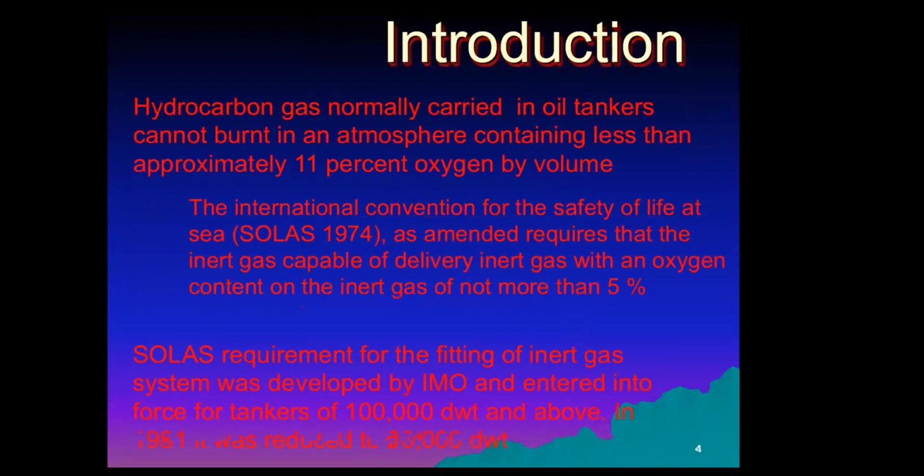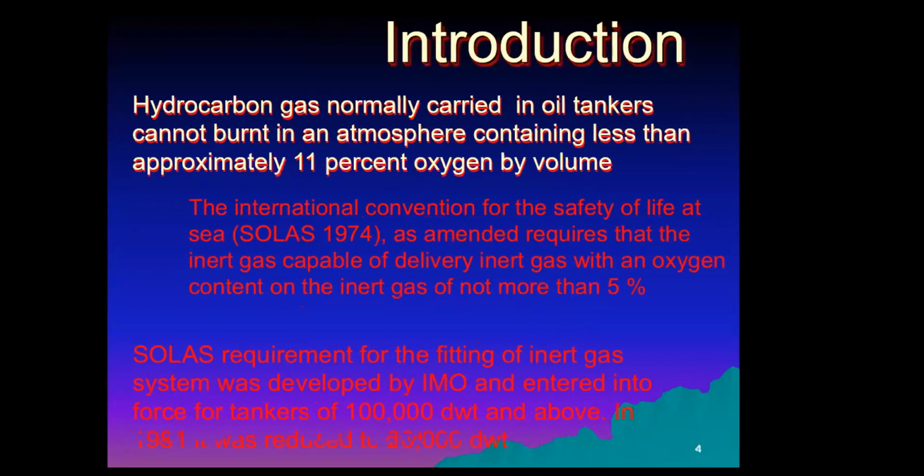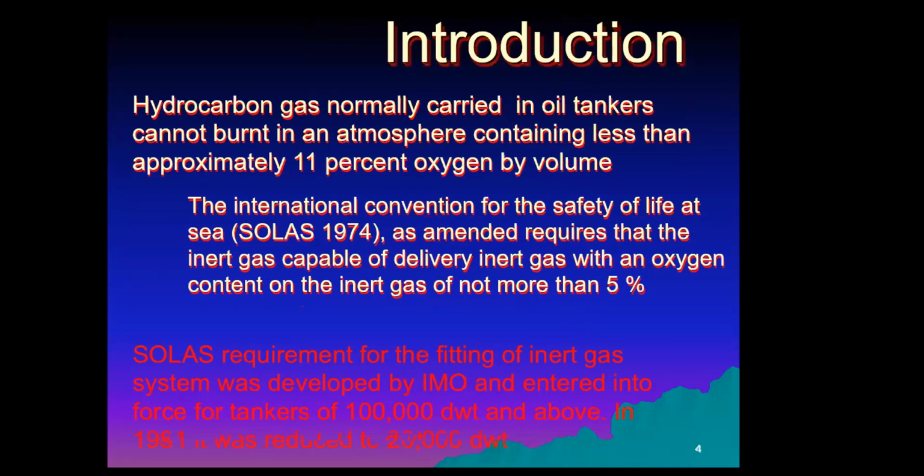Let's go to the next page. Now, normally, as you are aware, hydrocarbon gases are transported in oil tankers, okay? Generally, they cannot burn in an atmosphere that contains approximately 11% of oxygen, meaning that they are in an inert condition.